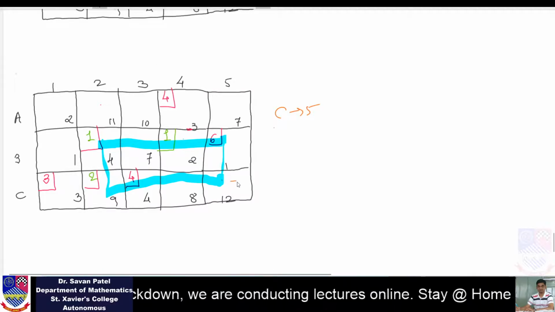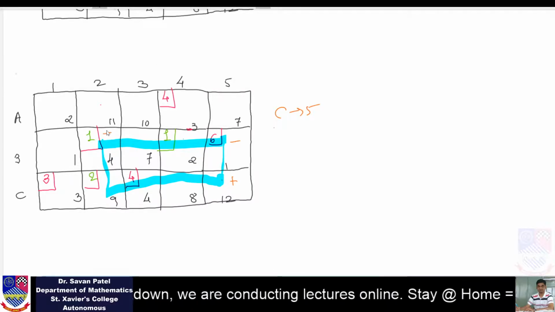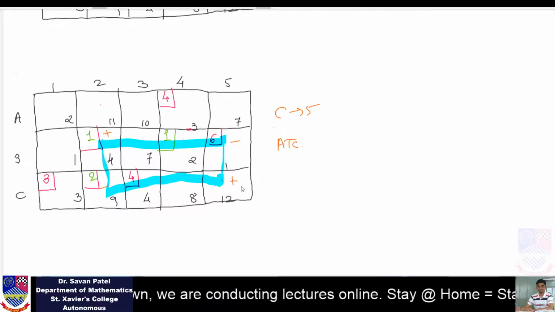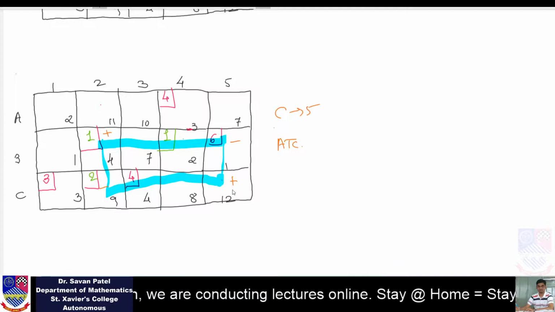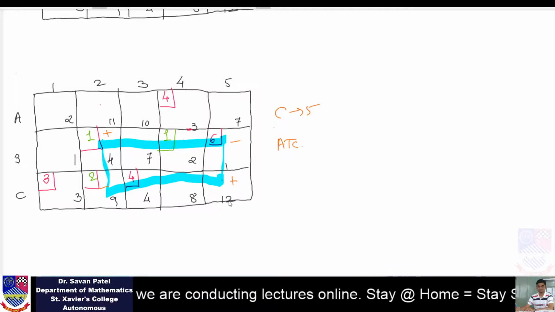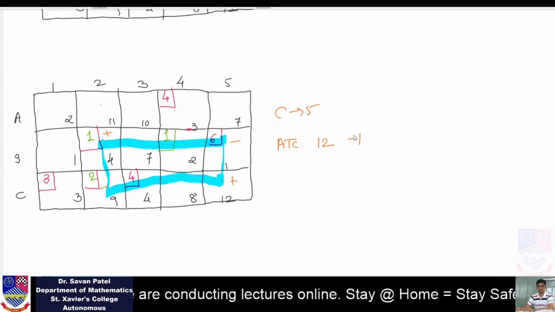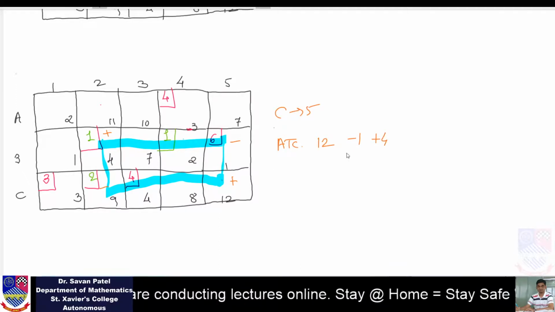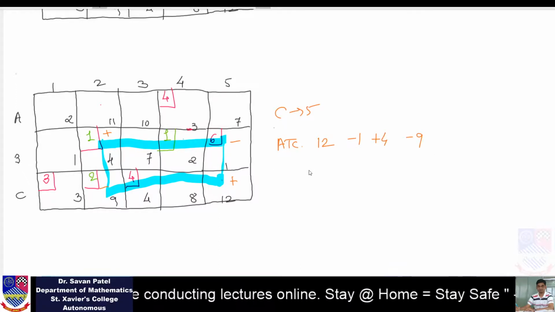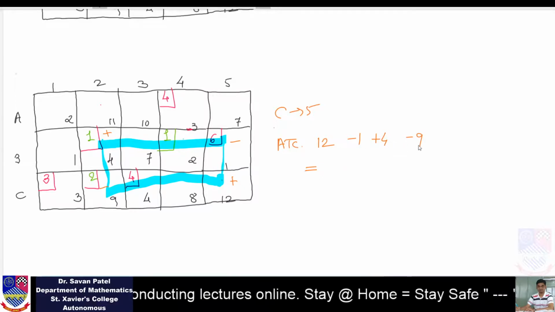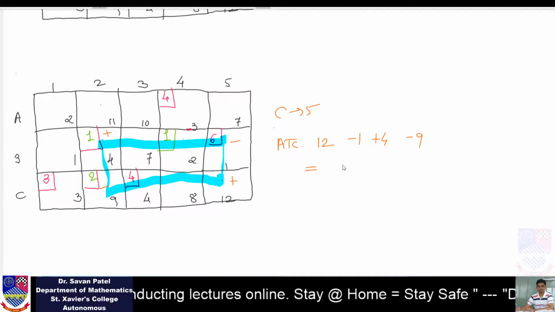So here we are having plus sign, here minus, then plus and minus. So the additional transportation cost on transporting in this direction is plus 12 minus 1 plus 4 minus 9. So that is 11 plus 4, that is 15 minus 9, so it is 6.